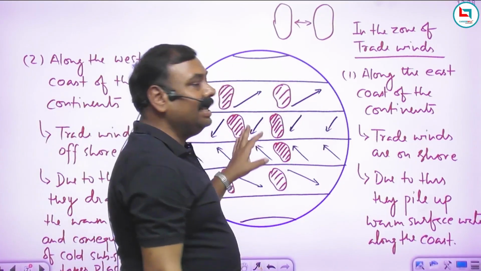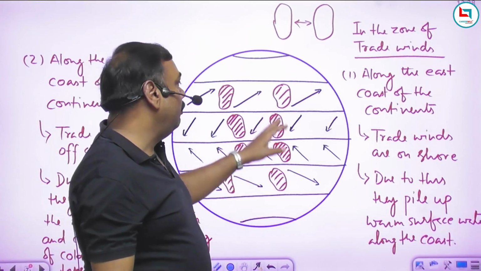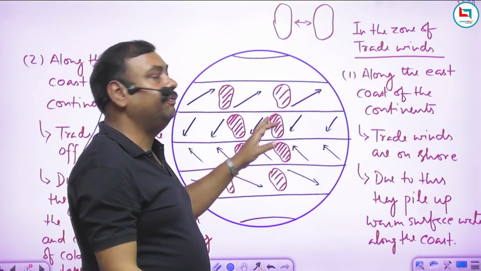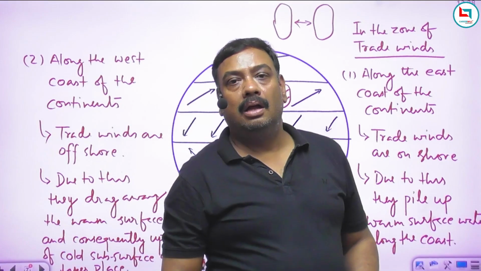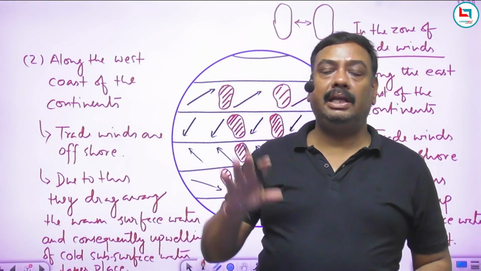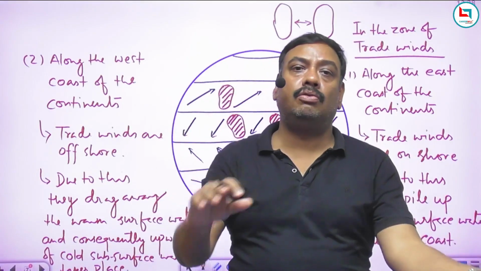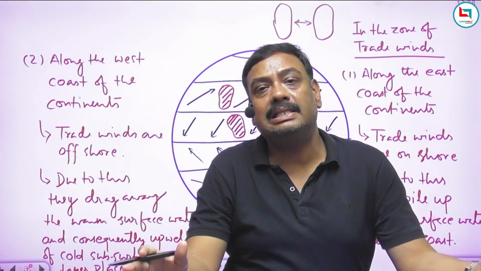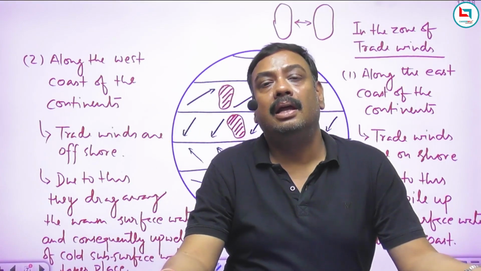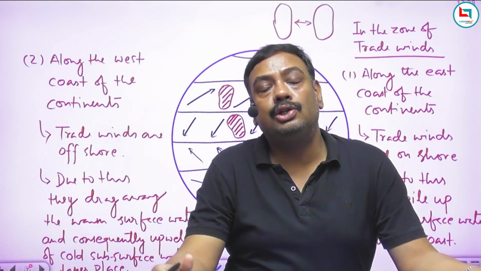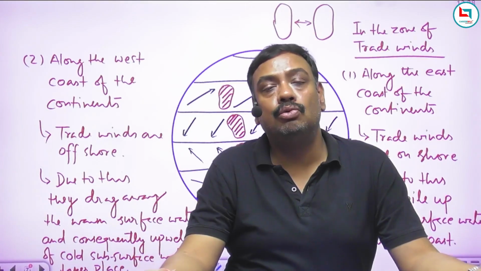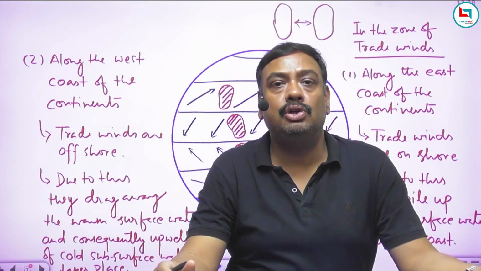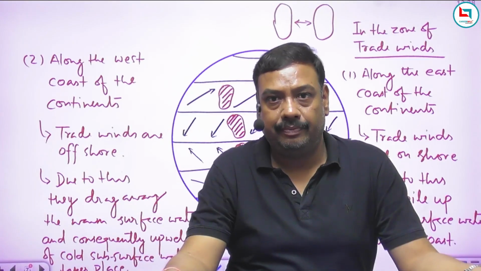The same thing can be given to you as piling up of warm water along the western margin of the ocean. It can be written like this. Wherever I have used the east coast of the continent or the west coast of the continent, you can be given the same statement where they are not using the terms east coast and west coast. They can use the terms western margin of the ocean or eastern margin of the ocean. Right?